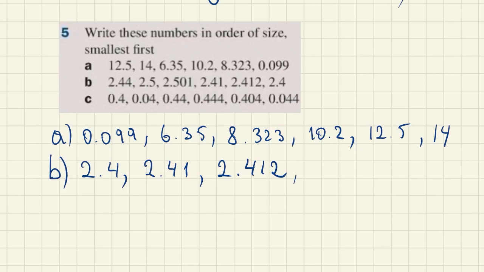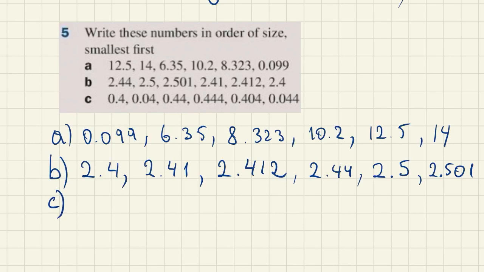We can write it here. And then we get to 5s, right? 2.5 and 2.501. Again, as I told you, the one which has only 5 is the smallest, and then we go to 2.501. It's a little bit larger. And we have C. This one's really confusing.